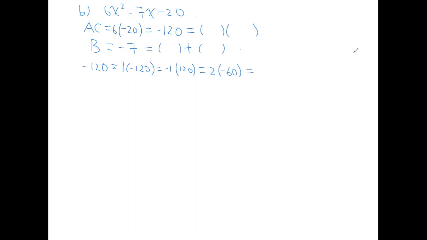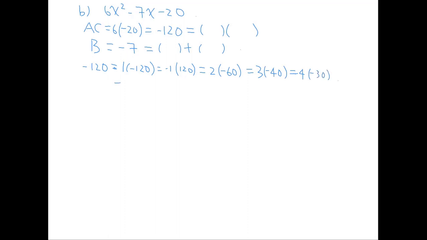We can skip this one, right? And 3 times negative 40, still doesn't work, right? You add them, then you have negative 37. The other one, you have negative 37, right? Then 4 times negative 30, still does not work.